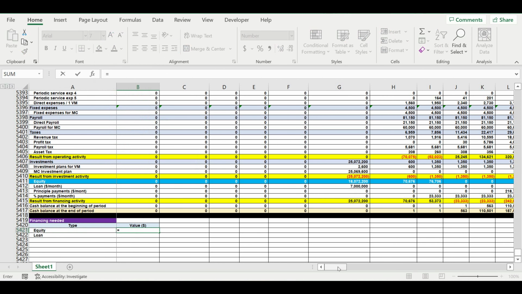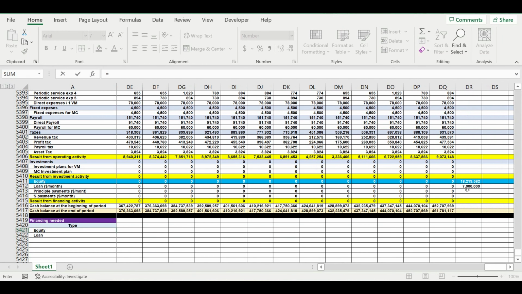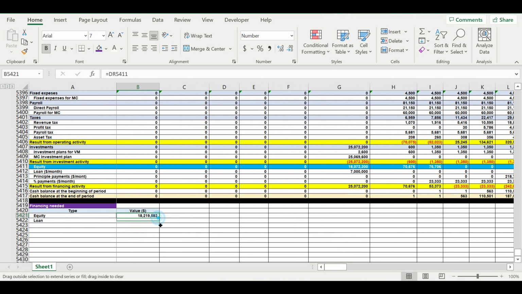Equity and loan we are pulling from here. Total financing needed.